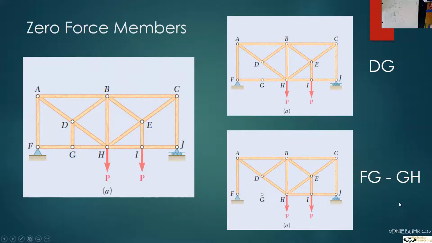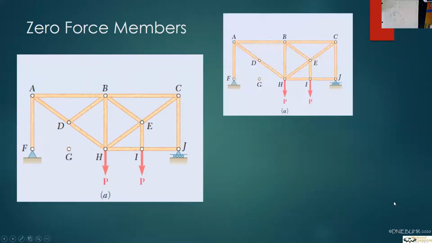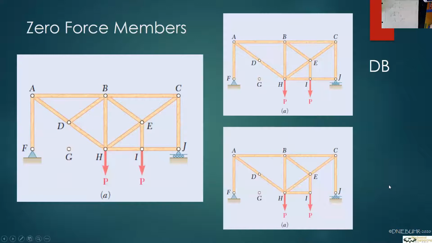So notice that DB is now going to disappear because it is two straight lines and the third being non-collinear. And then we have, not lastly, but we have the JI dropping off. And so IJ drops off.